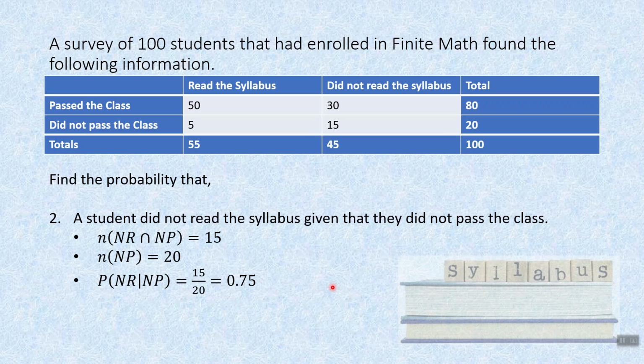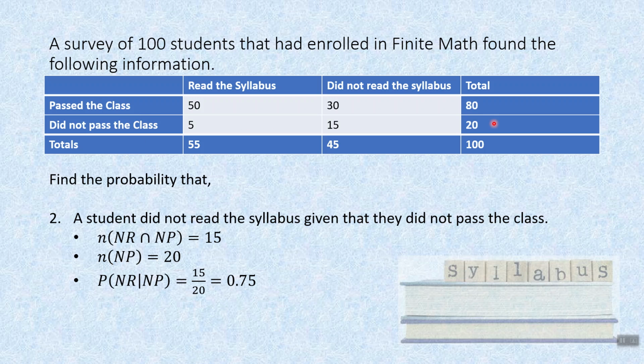So we want to find the probability that a student did not read the syllabus, given that they did not pass the class. Okay, so they did not read, intersected with not pass. Did not read, did not pass, that's right here, that's 15. Given they did not pass, what's the number of people that did not pass the class?